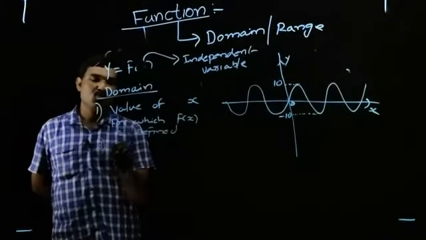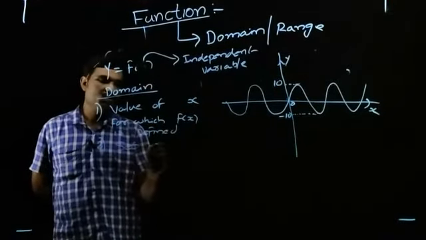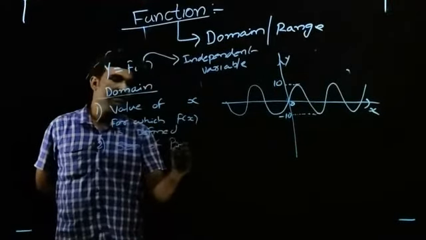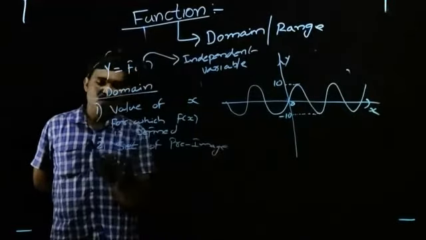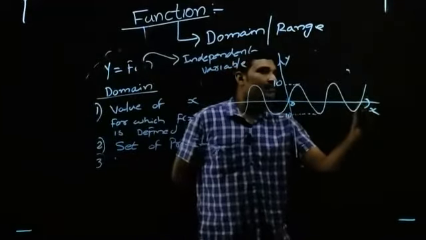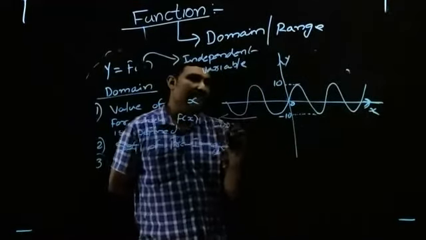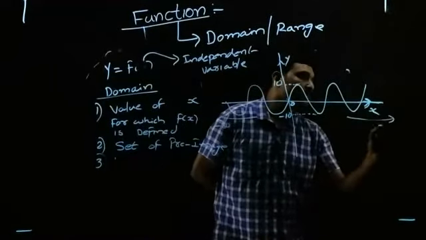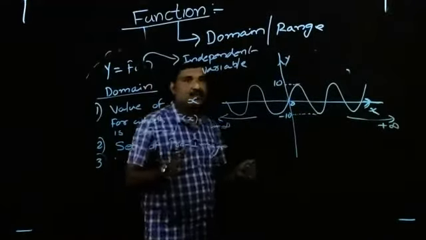Domain is also called the set of pre-images. Look at this figure. This will represent the x-axis. This goes to minus infinity, and this goes to plus infinity. The value of x varies from minus infinity to plus infinity.